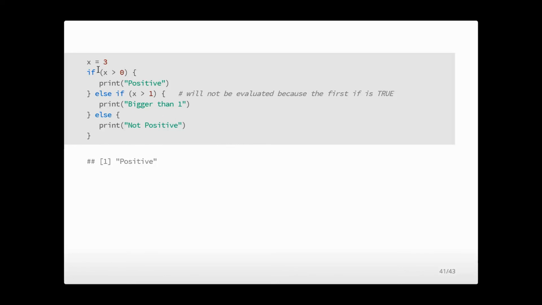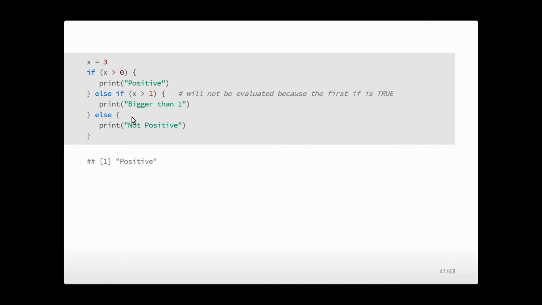So here we have this thing. We said if x is greater than 0, print positive. Okay. And then we have else if x is greater than 1. This isn't even evaluated. Okay. Because this thing is true, it's gonna skip over all of these else's. Okay.